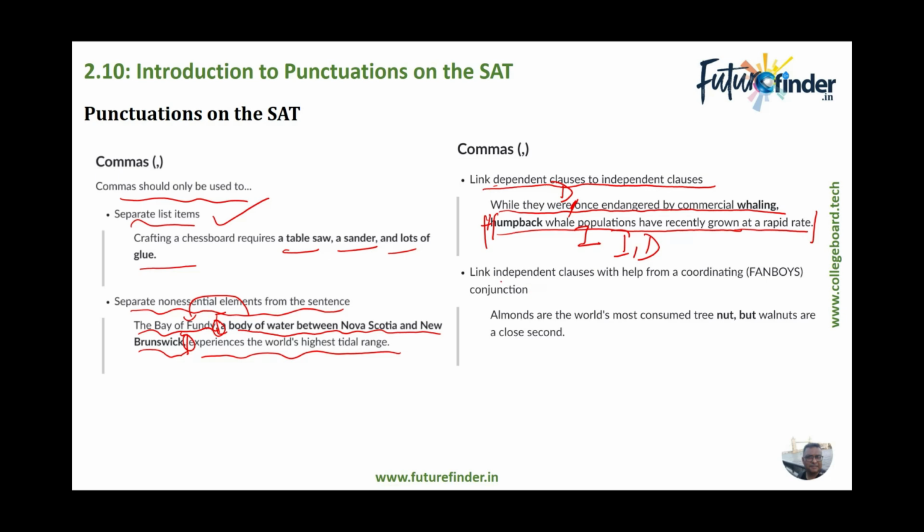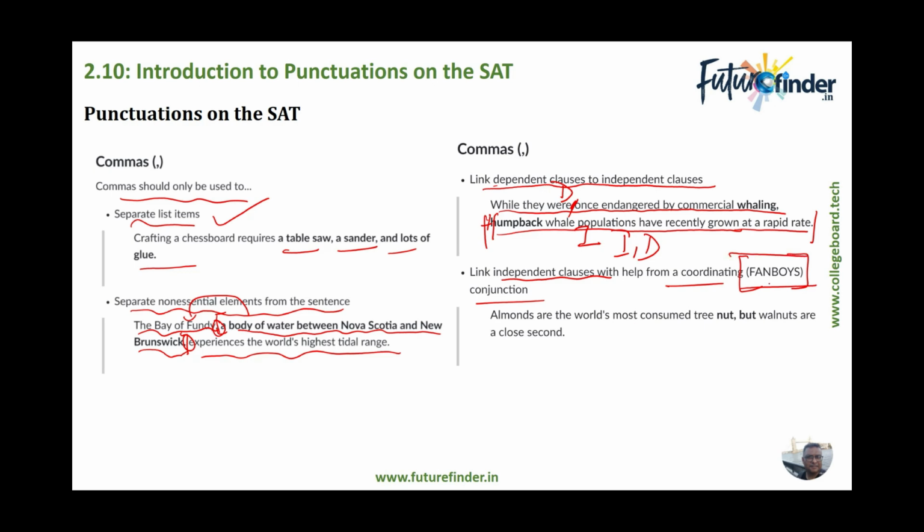It is used to link an independent clause with the help of a coordinating conjunction. While we have done the conjunction, we now know that we have certain kinds of conjunctions like the coordinating conjunctions and the subordinate conjunctions. We have also got the adverbs which act as conjunctions. So, we are looking at a comma when it comes to the coordinating conjunctions, the fanboy conjunctions mostly.